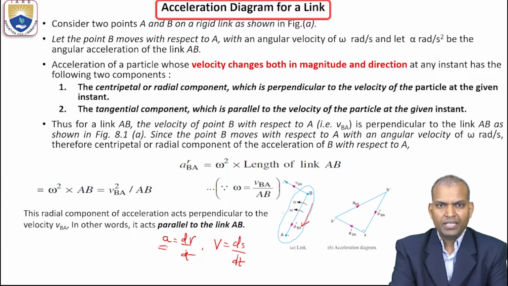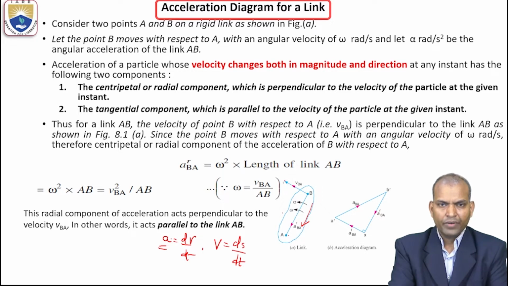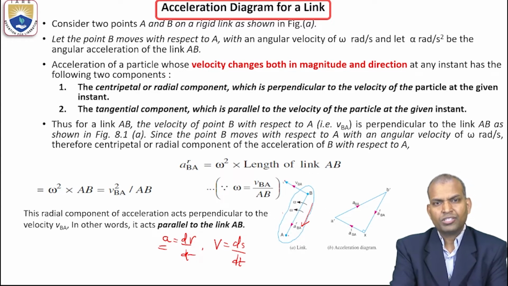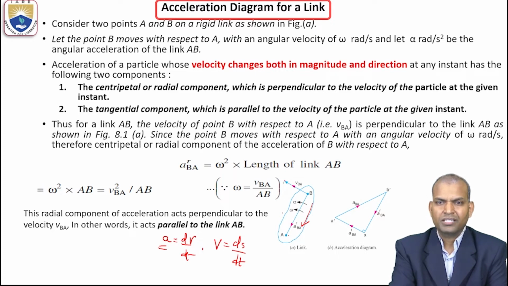So before every acceleration diagram, the velocity diagram should be drawn. Why does acceleration depend on velocity? Unless and until velocity values are calculated, acceleration diagrams can't be drawn. That is a very, very important concept.